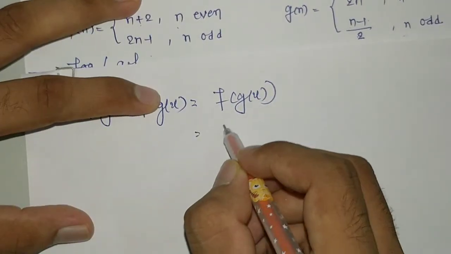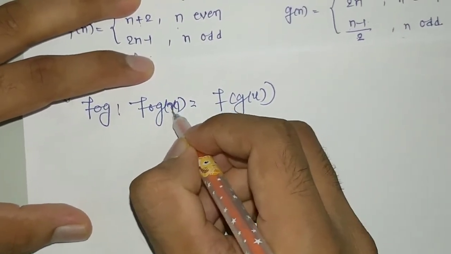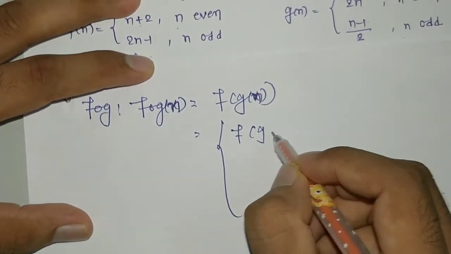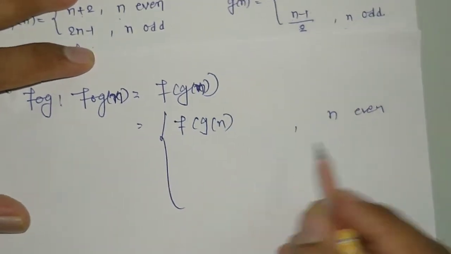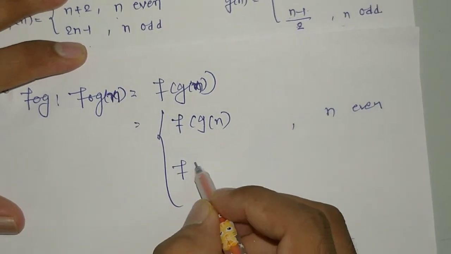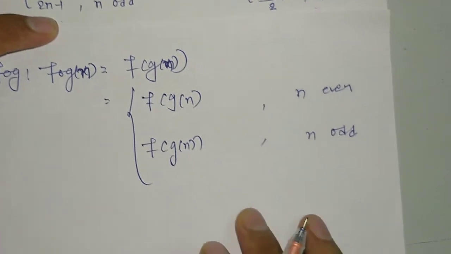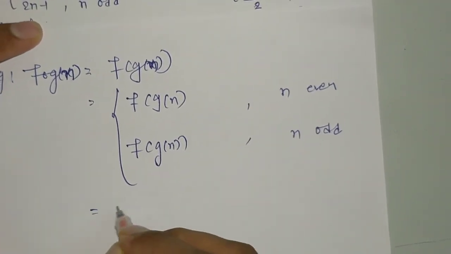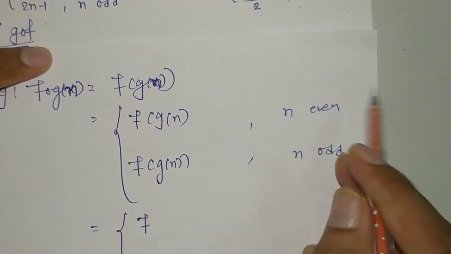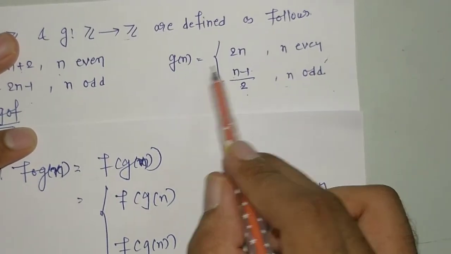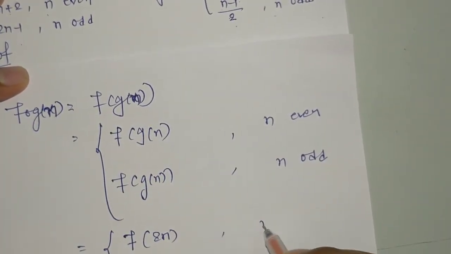Again, f of, let me write instead of x, n, f of g of n is even, as both are split functions. f of g of n is odd. Okay, now f of g of n, when n is even, g of n is defined as 2n, so we replace g of n by 2n when n is even.